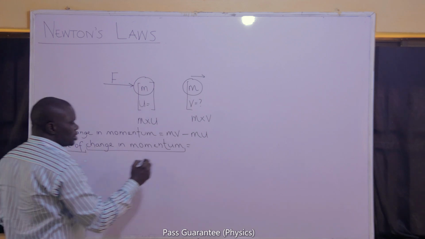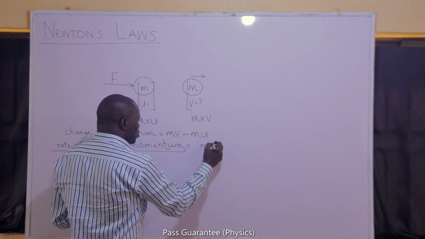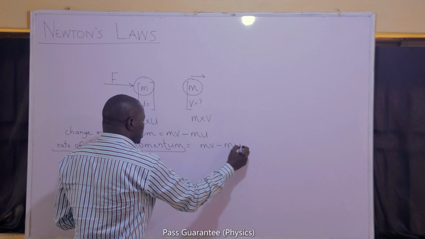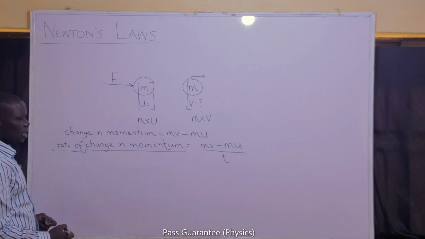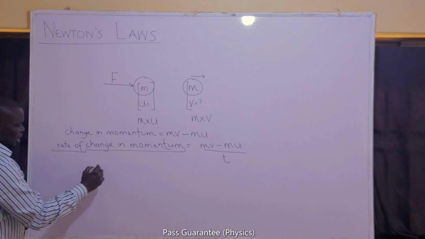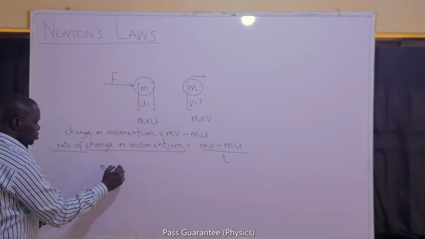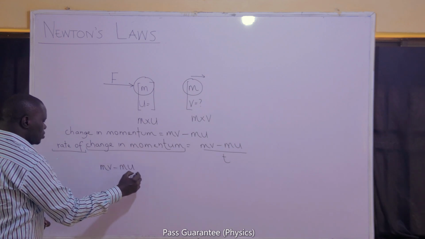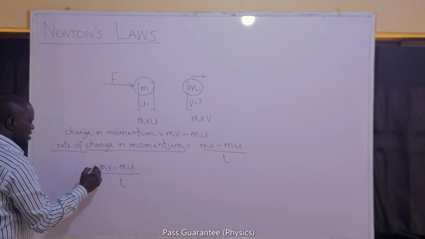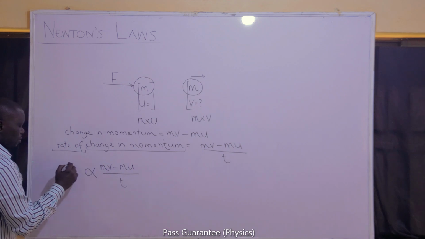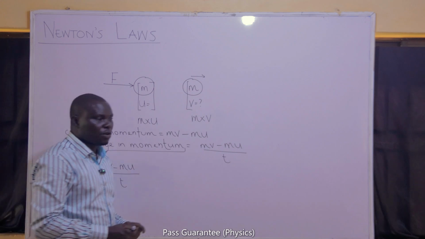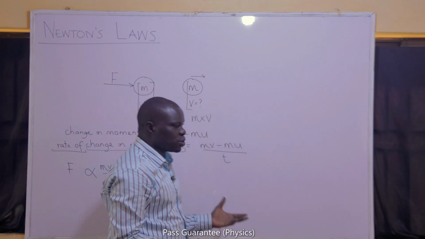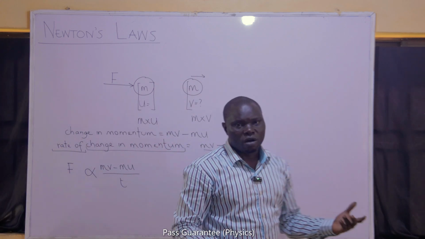We are describing the change in momentum with time. So what Newton's second law is trying to tell us is that the rate of change in momentum of an object is directly proportional to the applied force. And that is the mathematical expression of Newton's second law of motion.